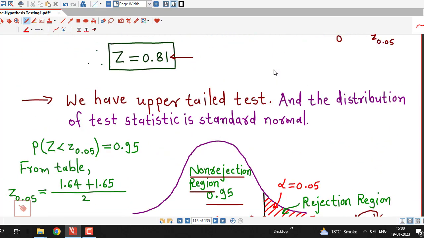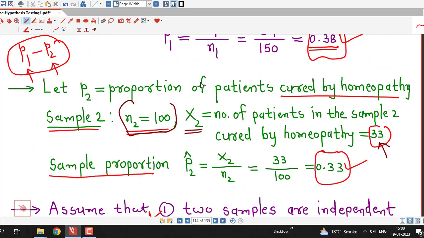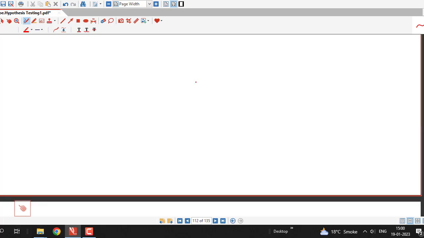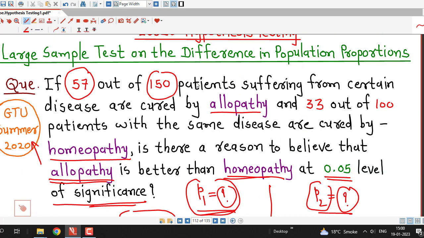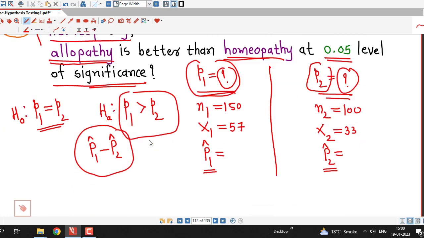Okay, fine. So I think you are able to understand this question. Here we have compared two treatments. One treatment is allopathic treatment, another treatment is homeopathic treatment, and by taking two samples related to both the treatments, we are able to answer this question.